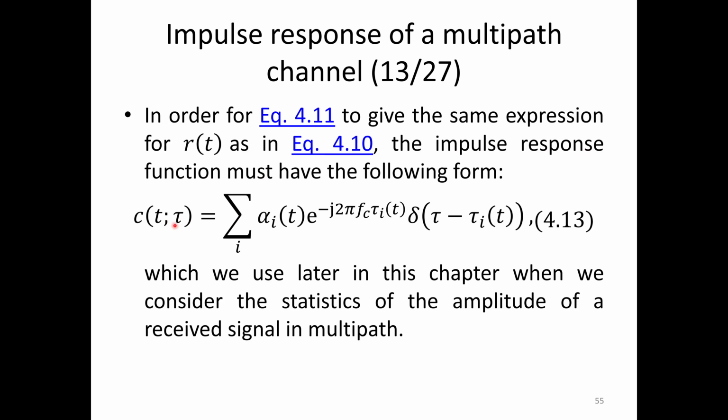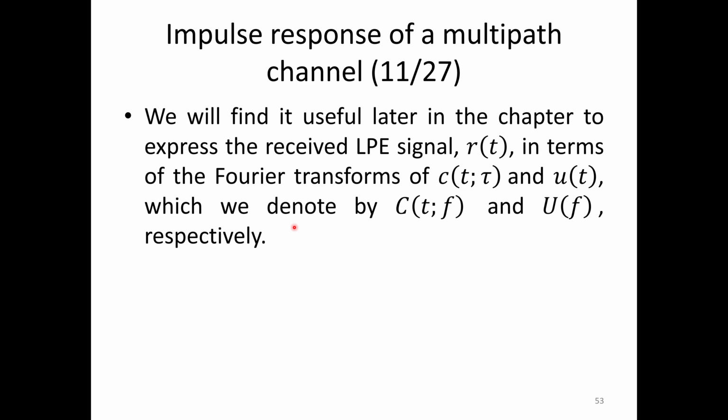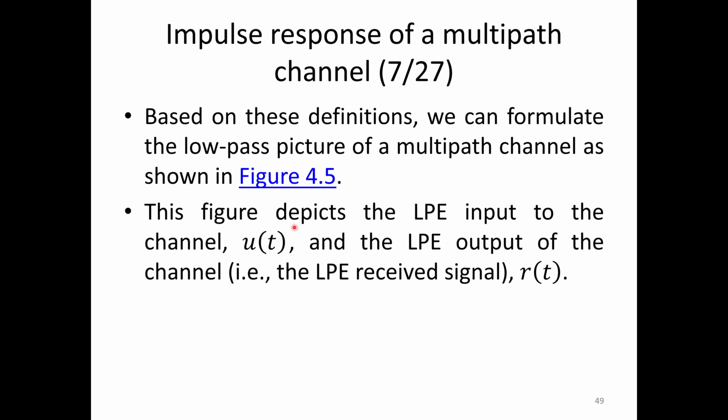C of t, tau is equal to the summation over i, where i denotes the ith path, of alpha i of t. What is alpha i of t? Let us see the definition.